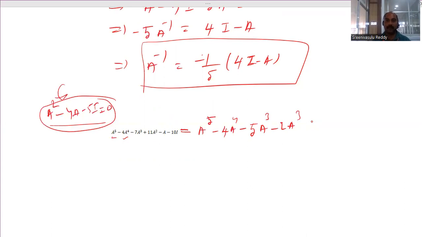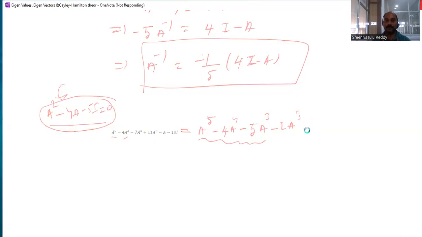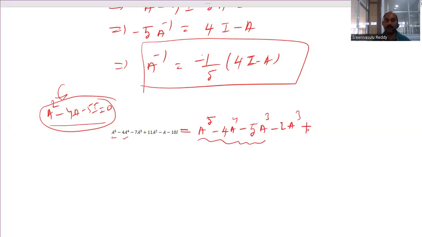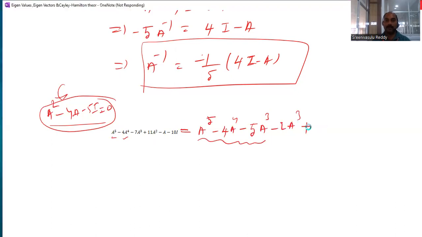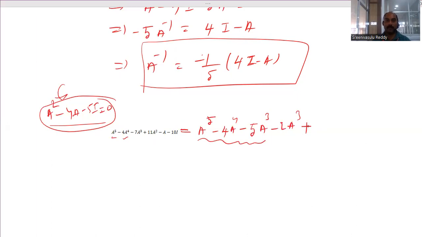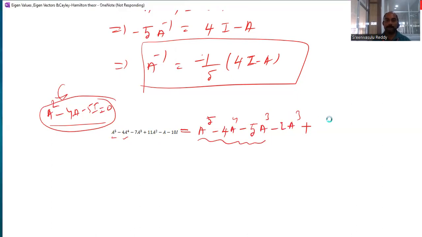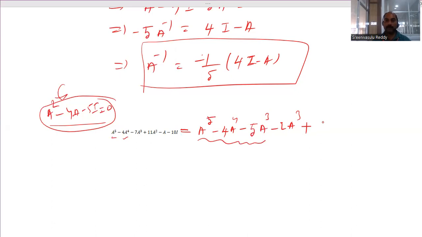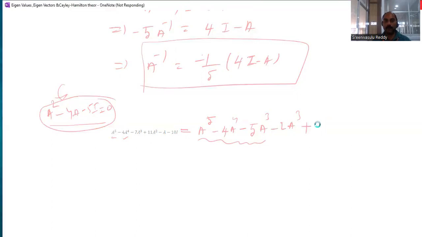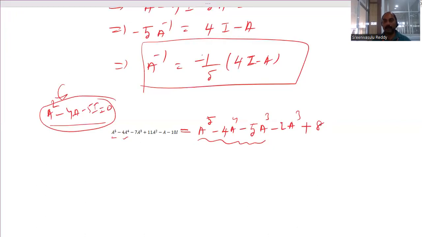Then take A cube in the first one, plus, in the second part we have 10; we always reduce by 2 times. Here you write down 8 times A square, so I can give clarity.